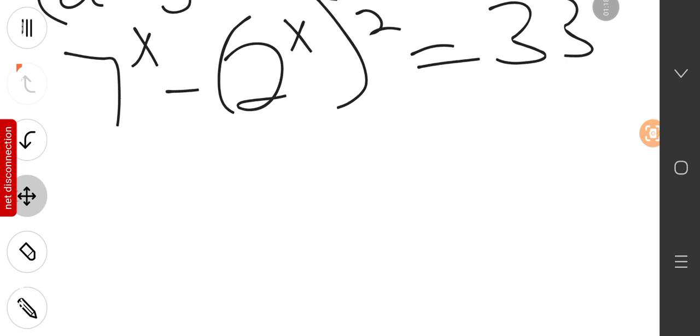Now, anything times 1 is the thing itself. Because of that, we can write 7 exponent x as 7 exponent x times 1, since x times 1 is the same as x.